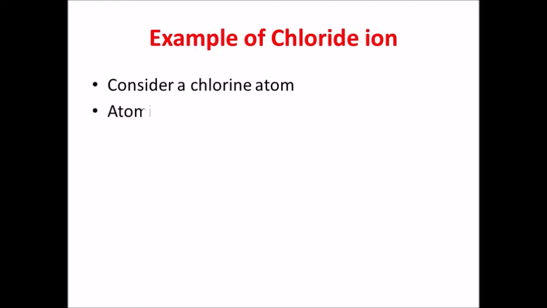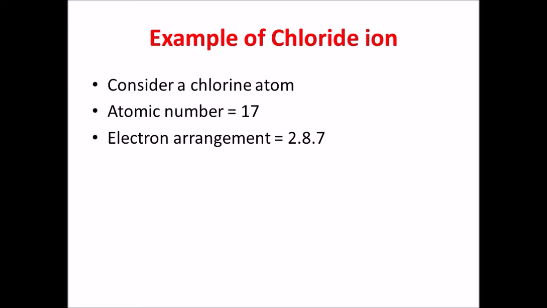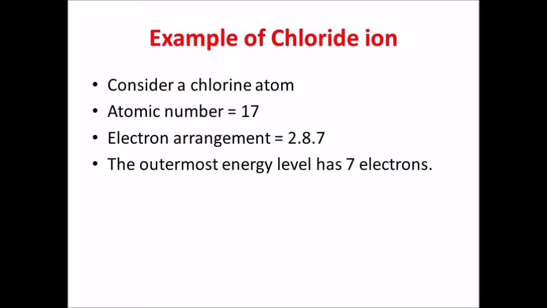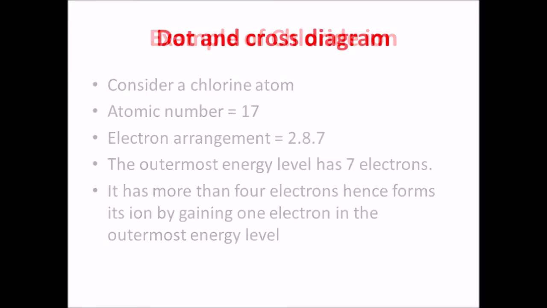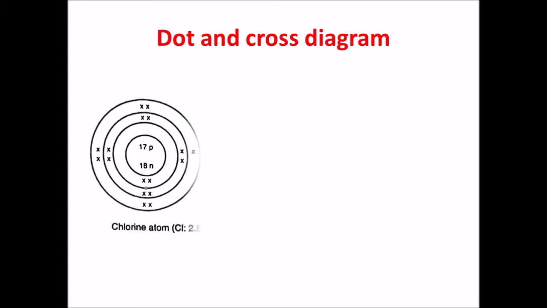Consider another example of the chloride ion that is formed from a chlorine atom. Atomic number is 17, electron arrangement is 2, 8, 7, meaning the outermost energy level has 7 electrons. It therefore forms its ion by gaining 1 electron in the outermost energy level.